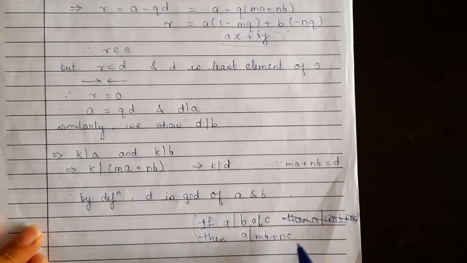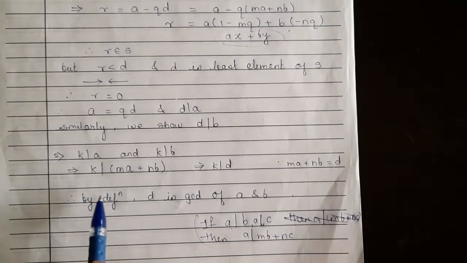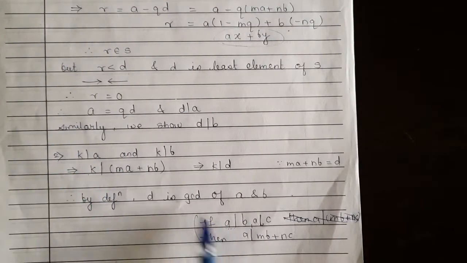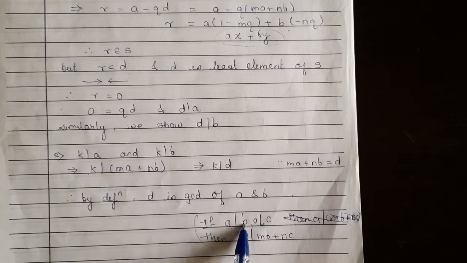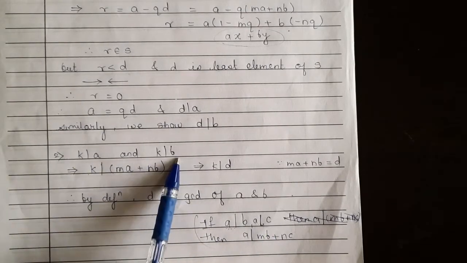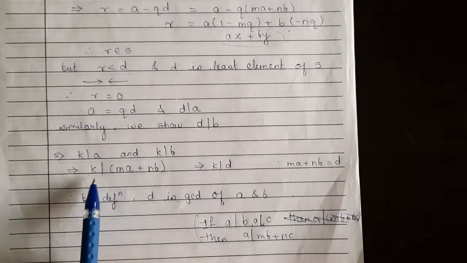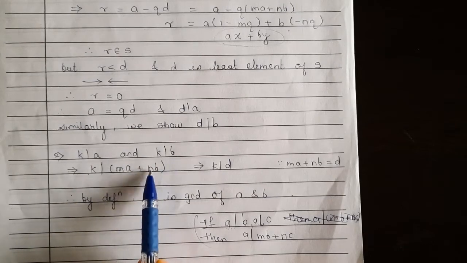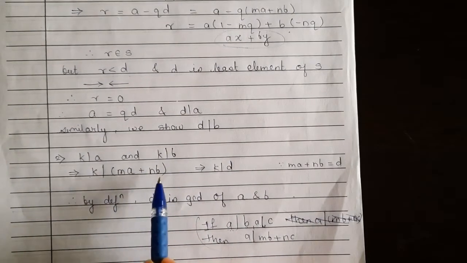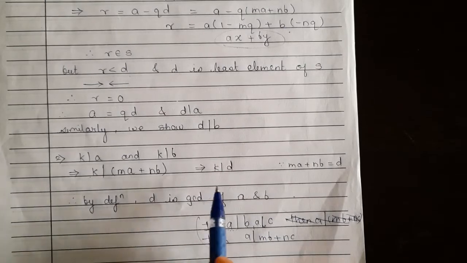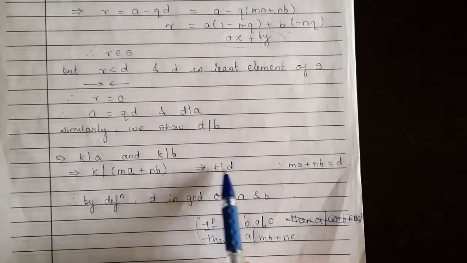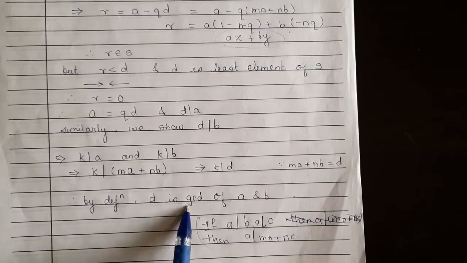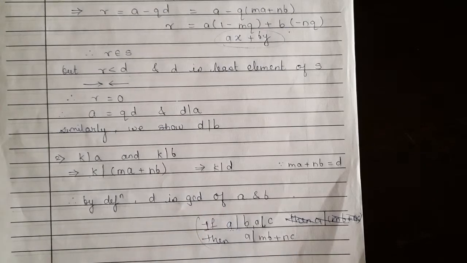This is the property which we are using here. Therefore, instead of A we have K, and instead of B and C we have A and B. So K divides MA plus NB, and MA plus NB is nothing but our D. Therefore we get K divides D. Therefore, by definition, D is the GCD of A and B.